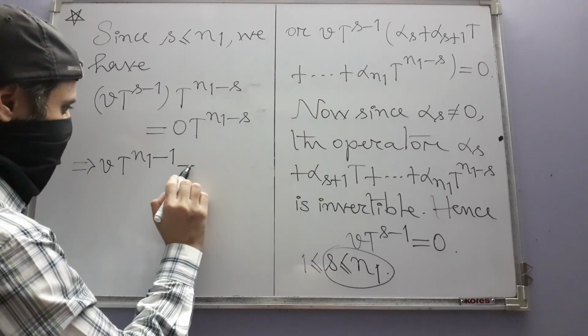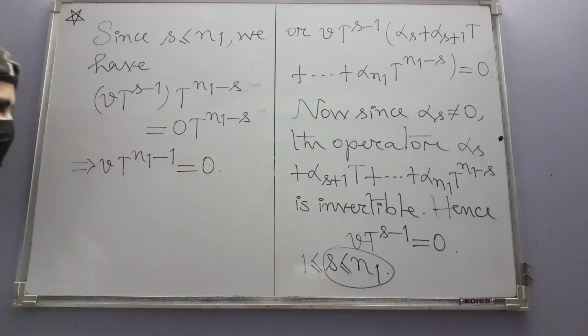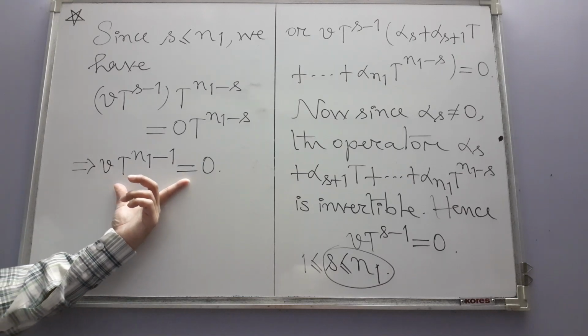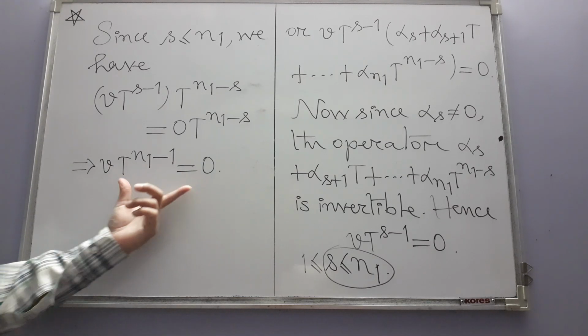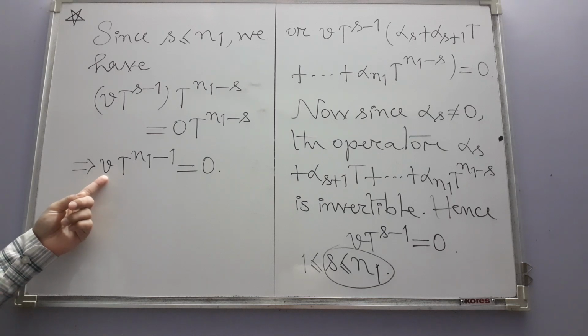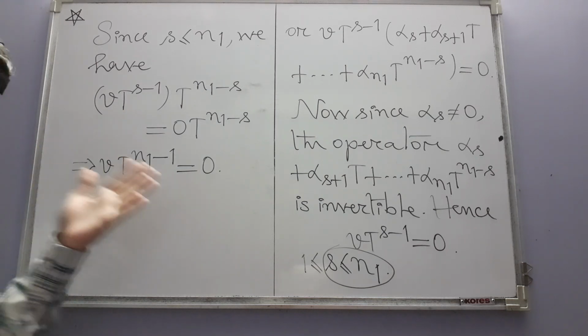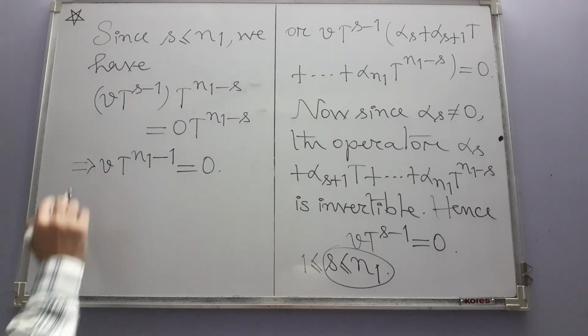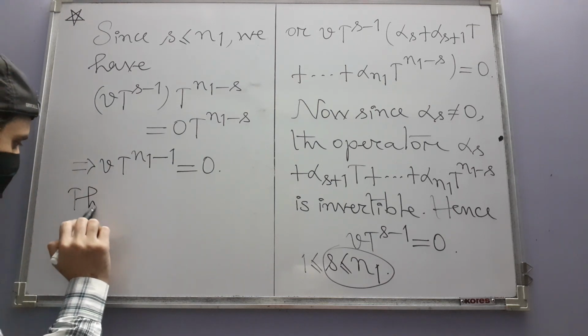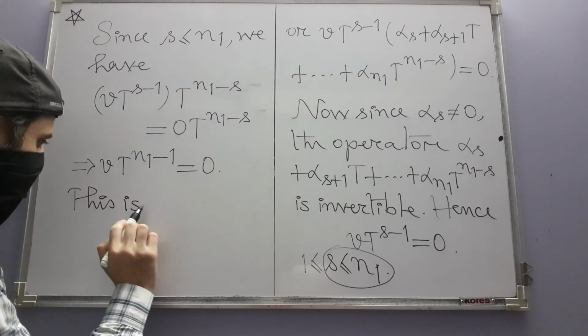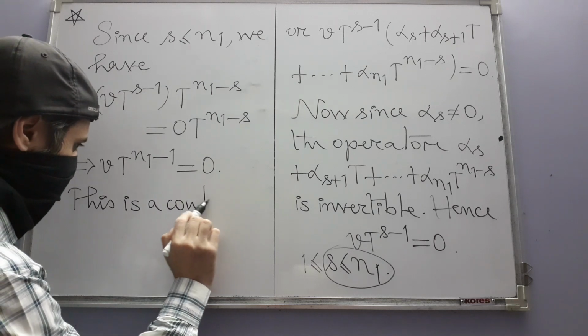On this side, of course, you are going to have 0. Applying any operator on the 0 vector will get you 0. But this is not correct, right? Because we chose V in such a way that this is not 0. So this goes against the very choice of V. This is a contradiction.